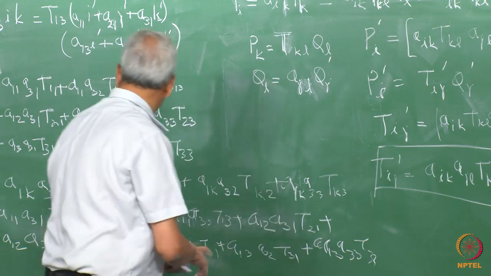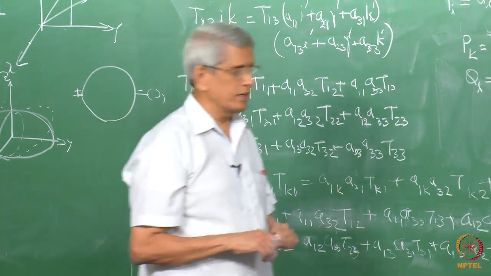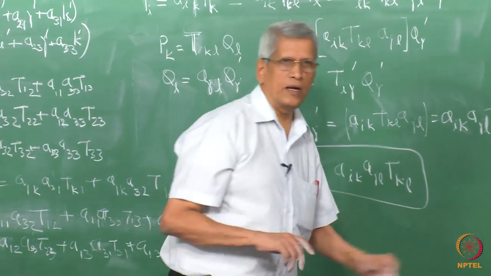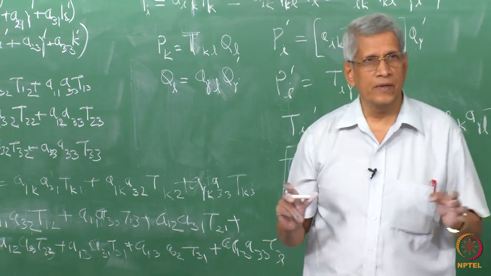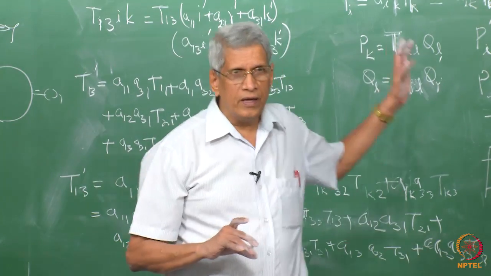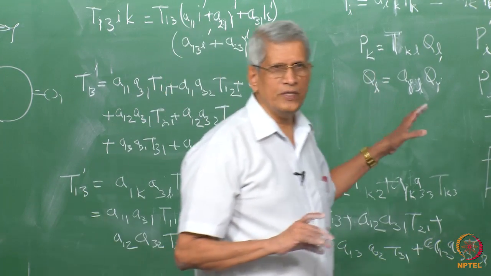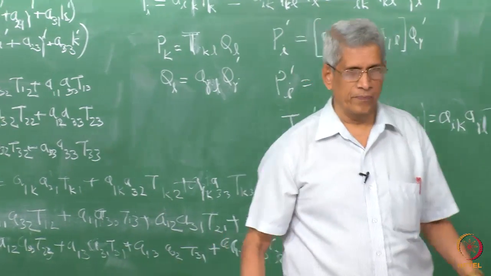So now if you look at it, this and this are essentially identical, but in this one simple expression we can write it, right? From this we can make out that this is the easy way in which we can do transformation from one component to another component.